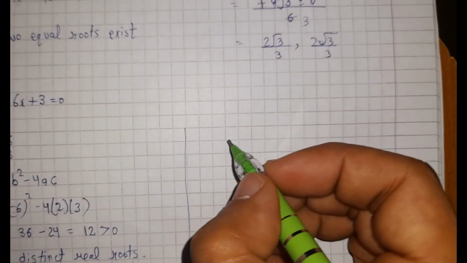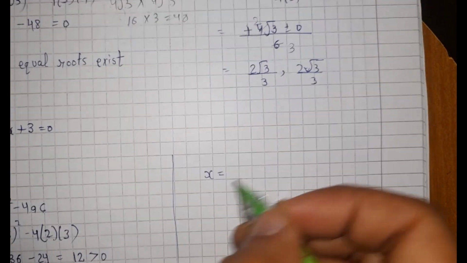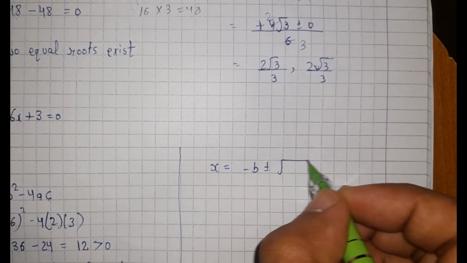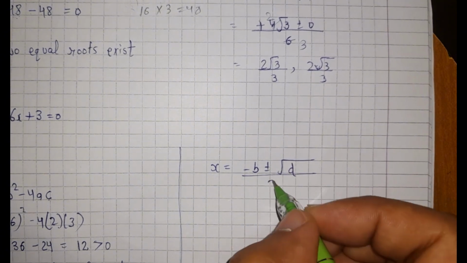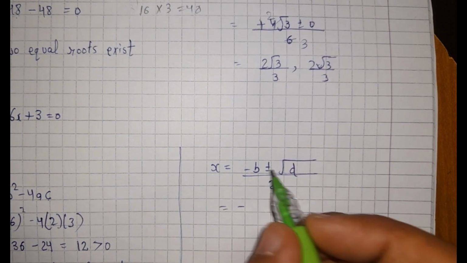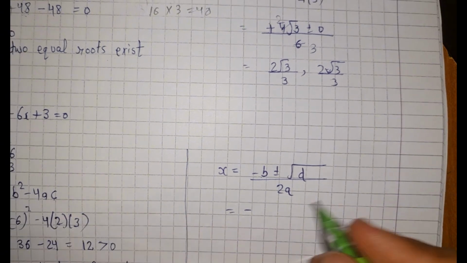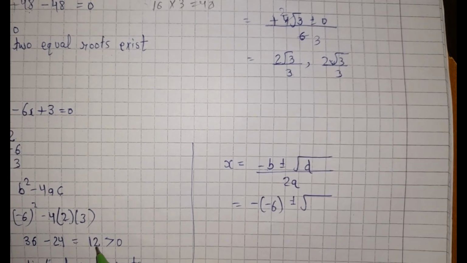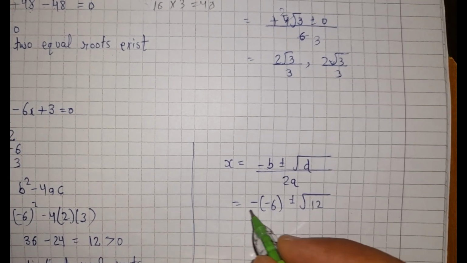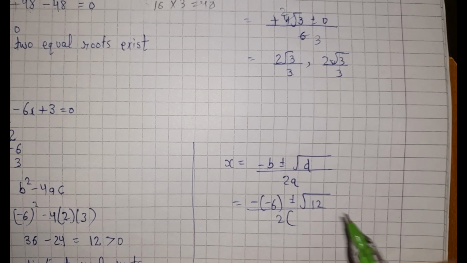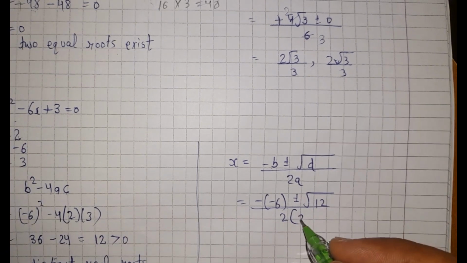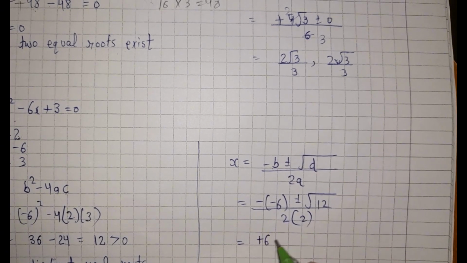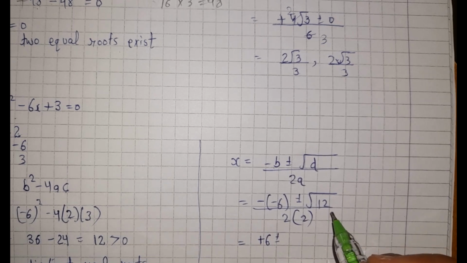So now to find the value of the roots, x = (-b ± √D) / 2a. With b = -6 and D = 12, over 2 × a, where a = 2. So that is (6 ± √12) / 4.